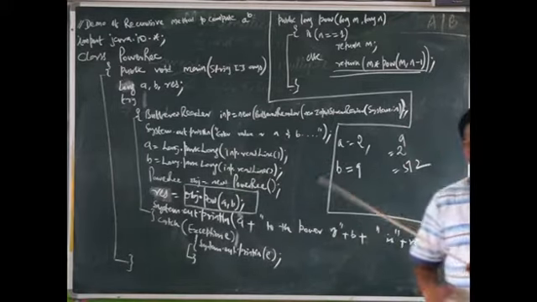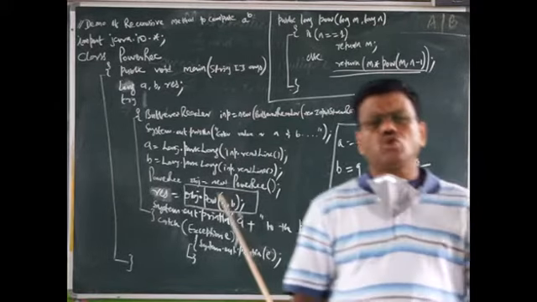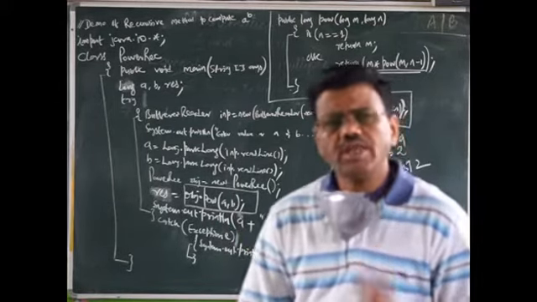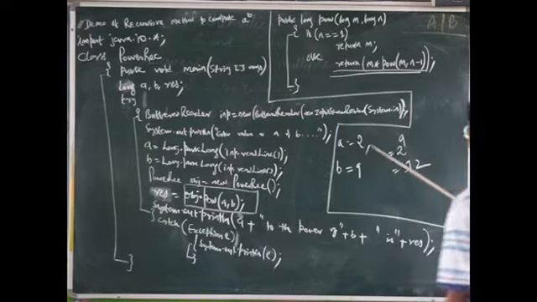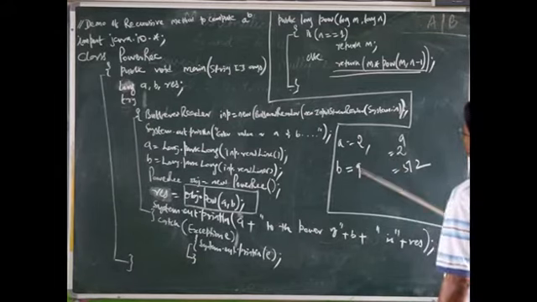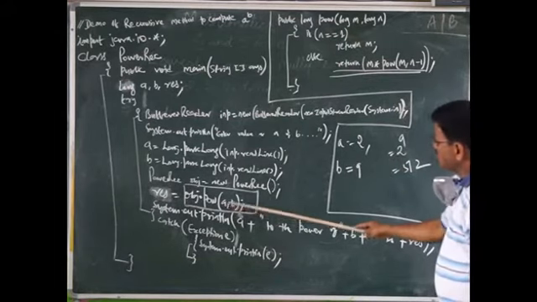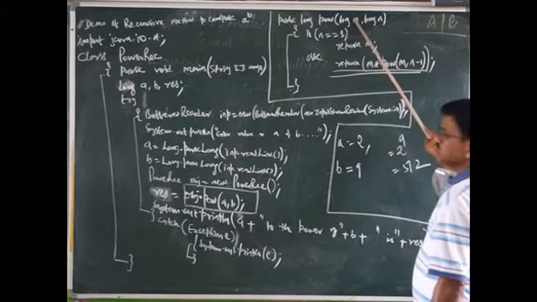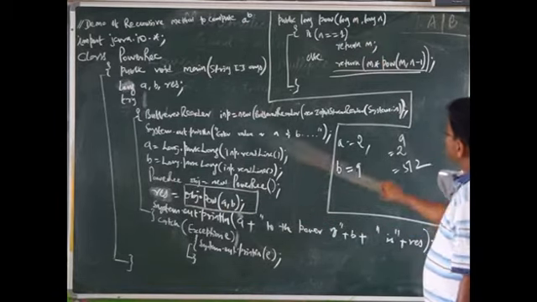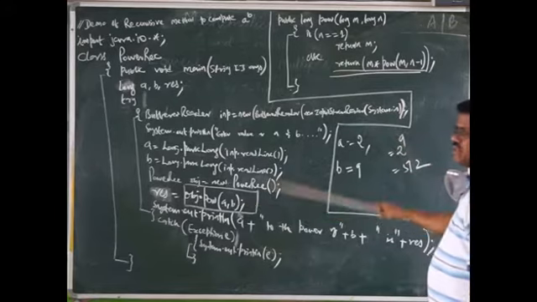We are not bothered about the output at all. Let's not bother about the output, boys and girls. What I intend to do, how does it work? Let's see that. The value of A is 2. The value of B is 9. So these are the actual parameters, 2 and 9. When you send, the A value will be stored in M, the B value will be stored in N. This is called the actual parameter.